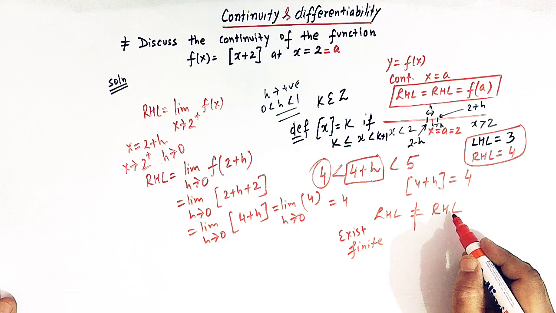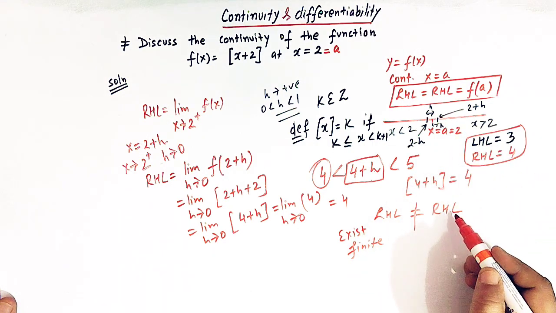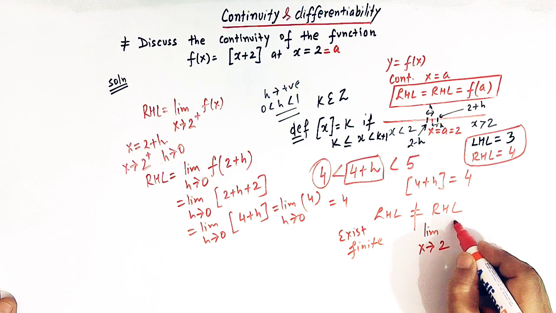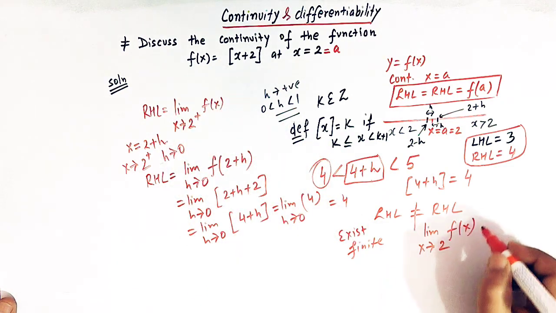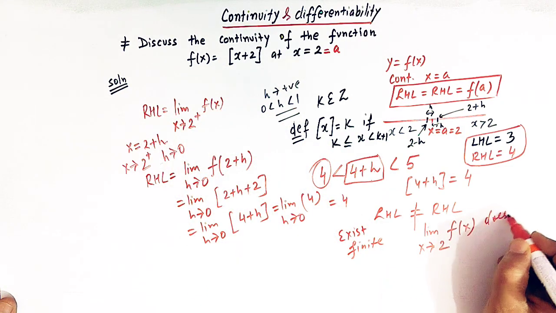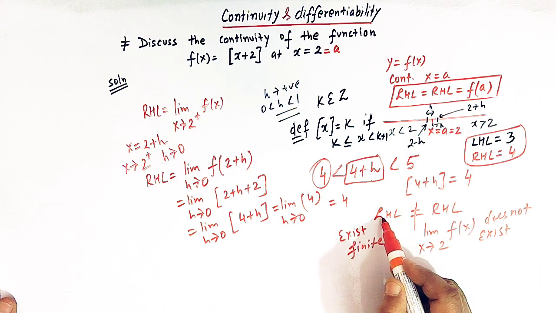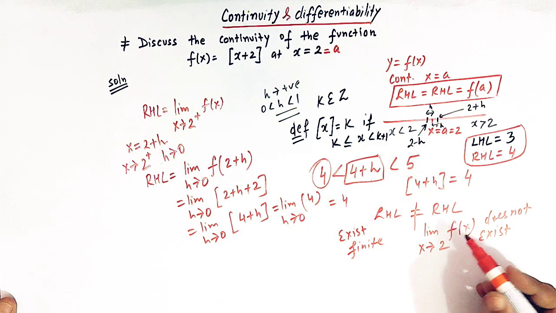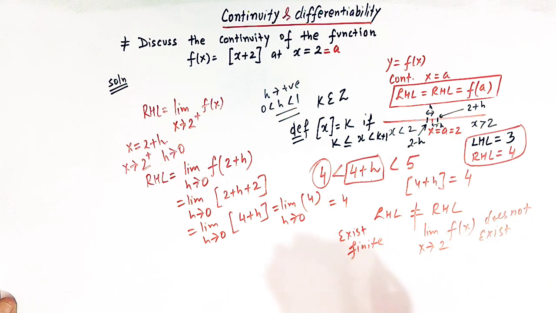So we can claim that if the left hand limit is not equal to the right hand limit, then the limit as x tends to 2 of f of x, which is the greatest integer of x plus 2, does not exist, because both the limits do not converge to a common value.